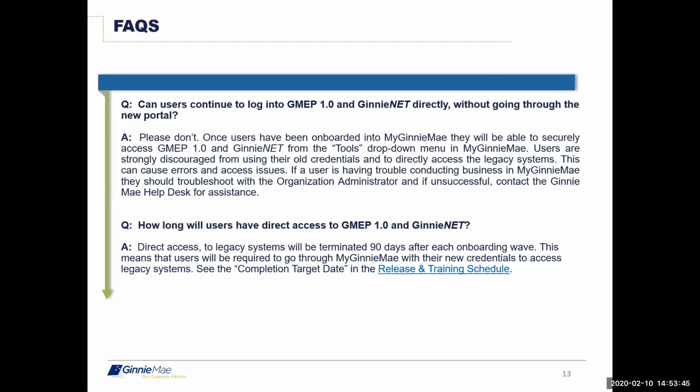So that's the timeline for getting users in the portal and using MyGinnieMae exclusively. However, in the meantime, as those legacy systems do remain available, we still highly recommend that you do not use your direct access and your old credentials to log into those systems directly, as it has created some problems and errors for some of our users in our pilot. Okay, next slide.